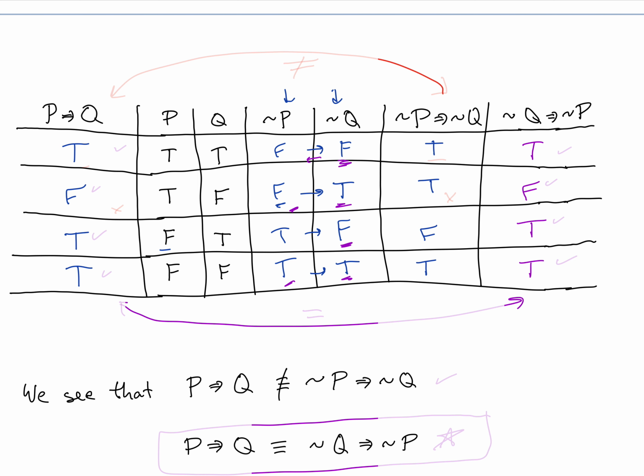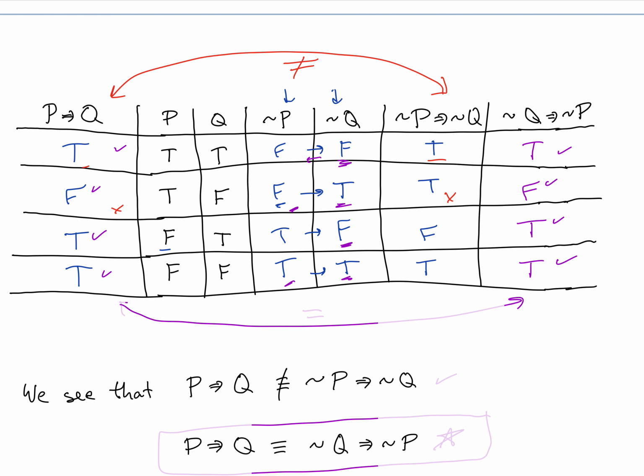Now let's check for logical equivalence. When we're checking the truth values here, we see that this does not match with this. So not Q implies not P is not logically equivalent to P implies Q. Whereas if we check here, true, true, false, false, true, true, true, true.